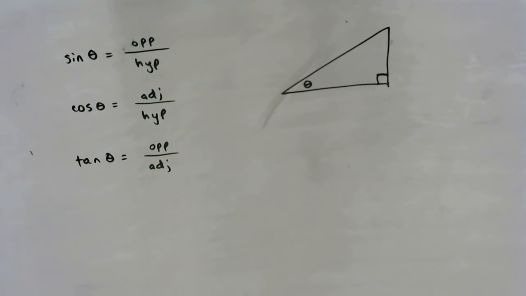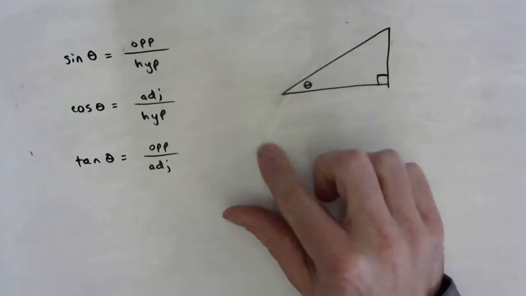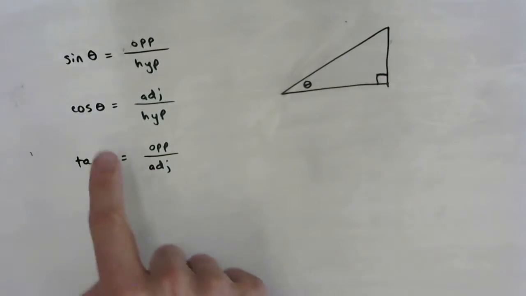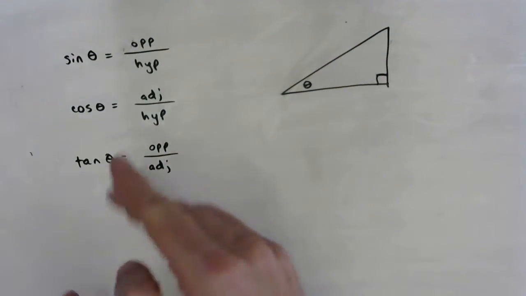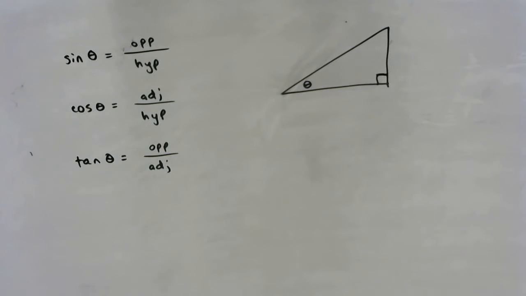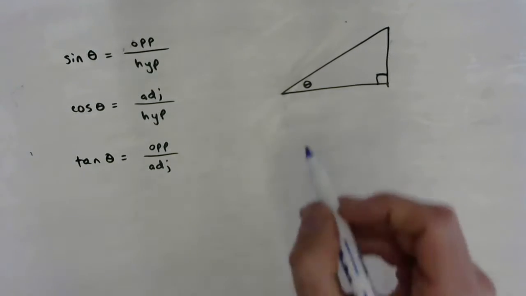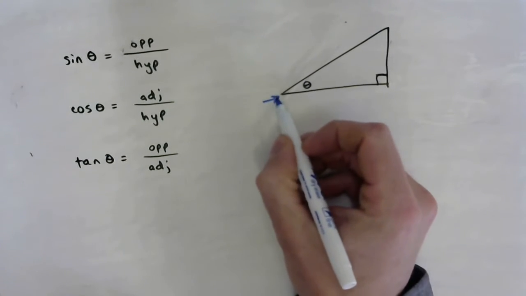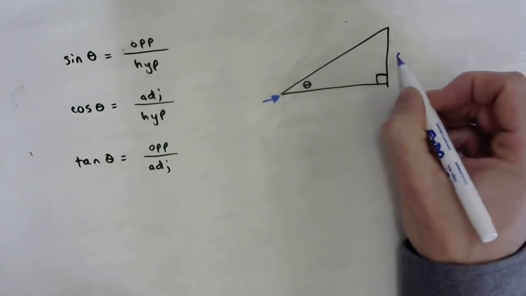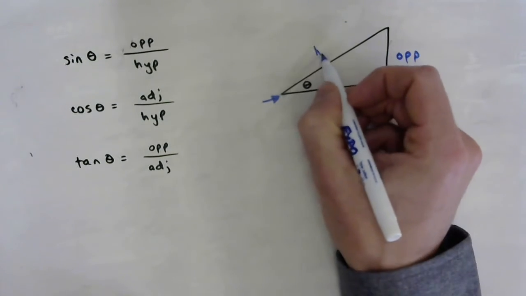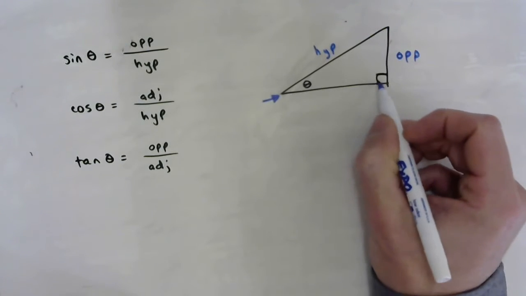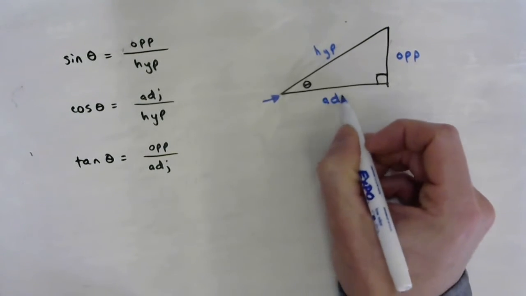Okay, how do we remember these primary trig ratios and what ratio to use in certain situations? How do I remember this information without writing it out every time or having to really think about it hard? Well, again, we're looking from angle theta. So if we just identify our sides quick, we've got opposite, the side opposite the right angle is the hypotenuse, and we've got adjacent.